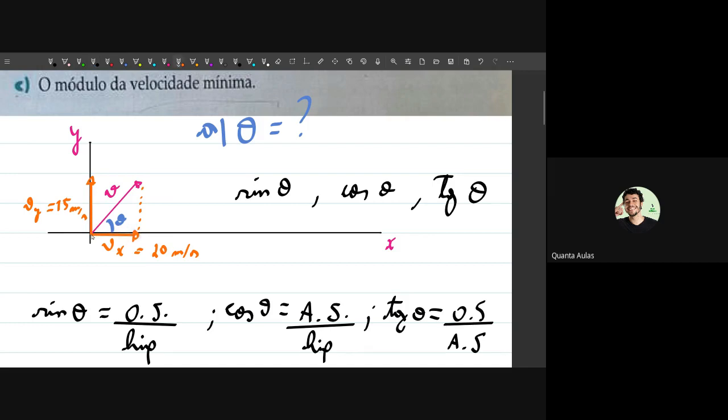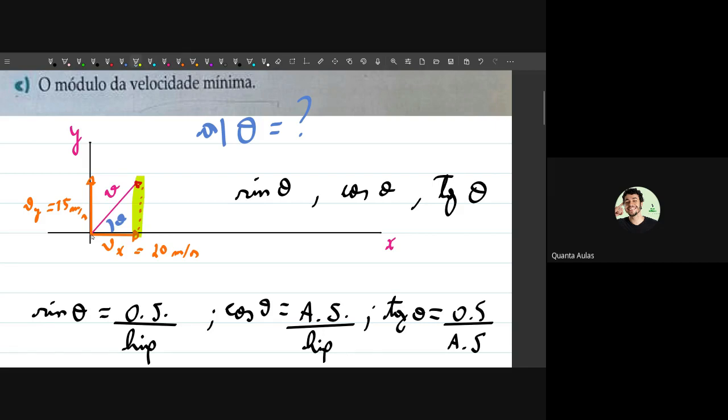So let's remember the angle is here. The opposite side is the side opposite of the angle. So this is the opposite side.